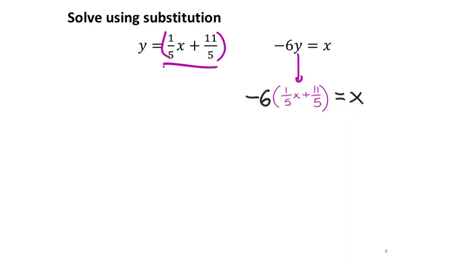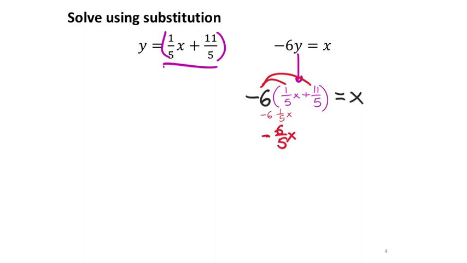But all I've got to do now is use my solving equations strategies to solve this one, which I will now do, because I can take the negative 6 and distribute it into the parentheses there. So that first would be negative 6 times 1/5 x's. Okay, so how many x's does that give me? That'd be negative 6/5 x's.